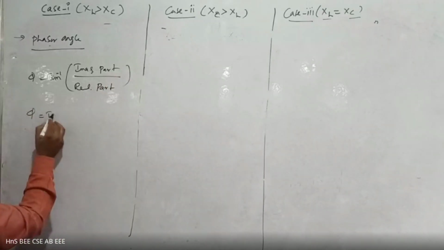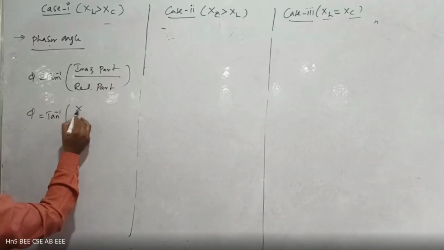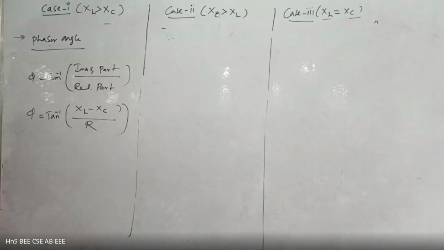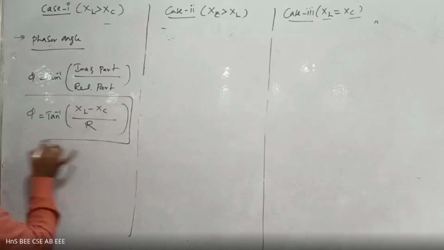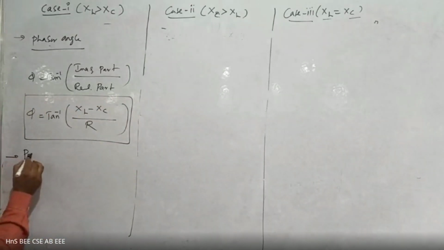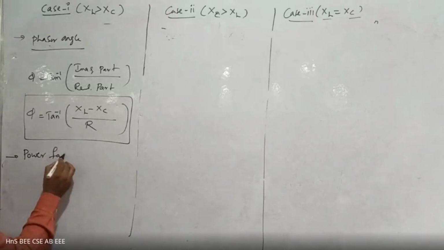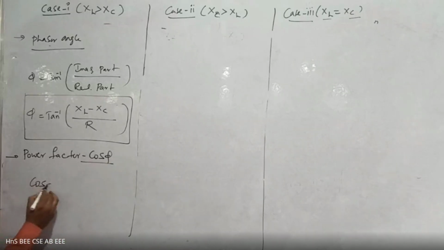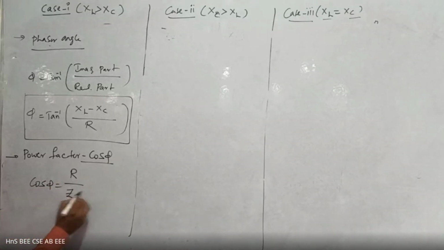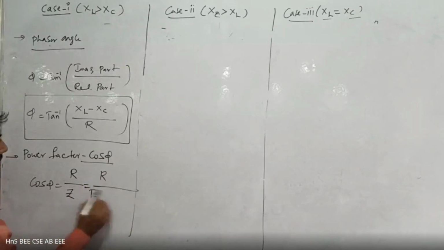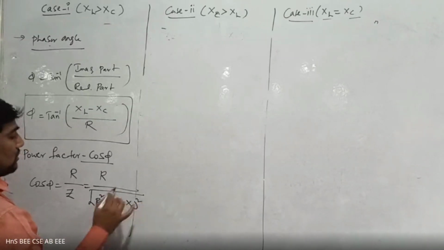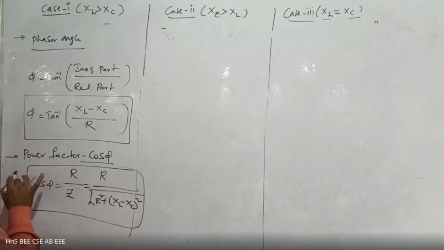The imaginary part in our Z is XL minus XC, and the real part is R. Coming to power factor, power factor equal to cos phi. Cos phi equal to R by Z is the formula. Now Z equal to under root of R square plus (XL minus XC) whole square. This is the power factor formula in our case number 1.